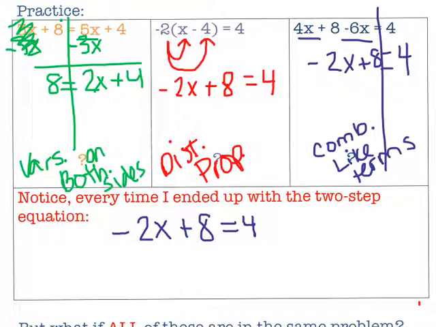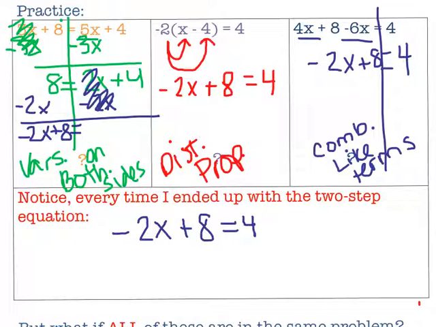And what I would have to do on the first problem in order to get it to look like that is subtract 2x from both sides. And then I end up with negative 2x plus 8 equals, this is 0, and 4.